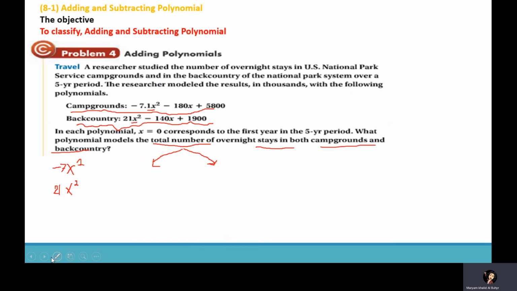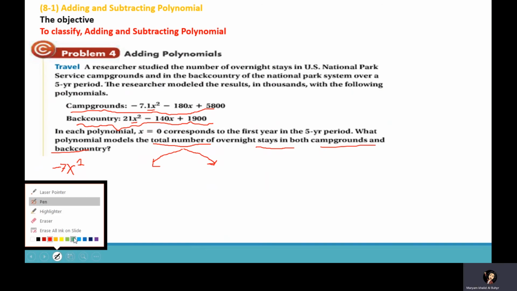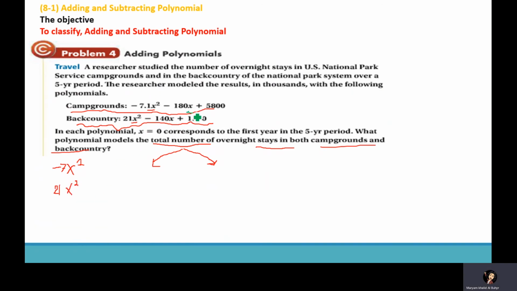Let me change the color for you. We have here x and here x to the power 1. This is also to the power 1, so these 2 are like terms.